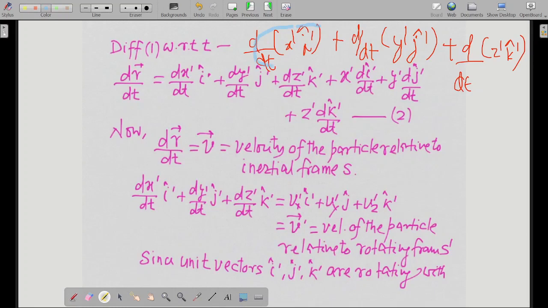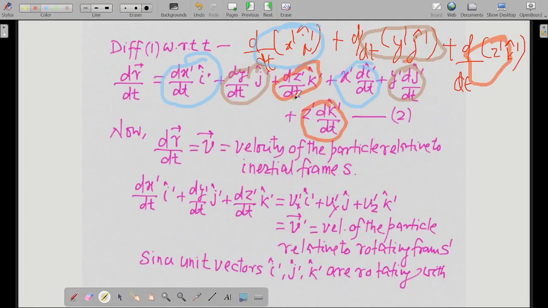After I differentiate this, I get these two terms by the UV formula. After I differentiate this particular term, I get this term and this term. So that's how you will differentiate equation number 1 by using the UV formula.